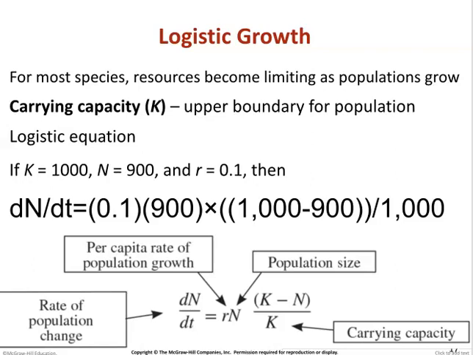or decreasing. The way we can find the carrying capacity is by looking at the change in population over time, and then it also will equal the growth rate times the population size, and then we take the carrying capacity minus the population number divided by the carrying capacity.